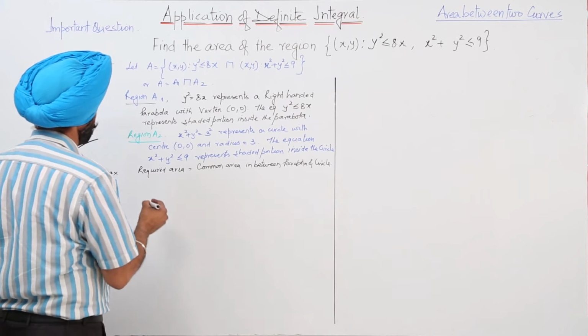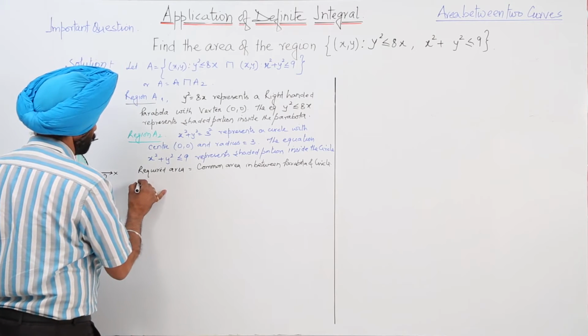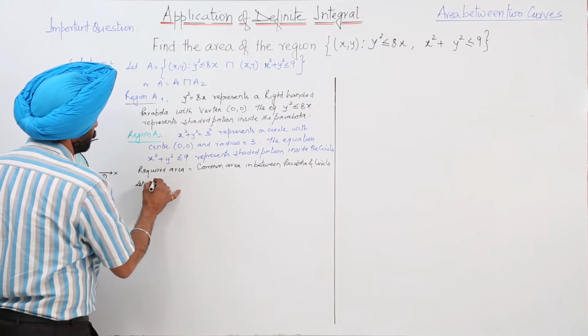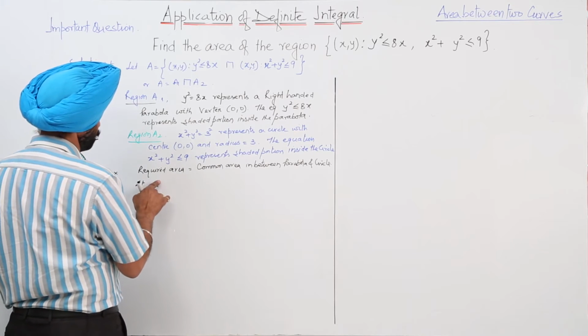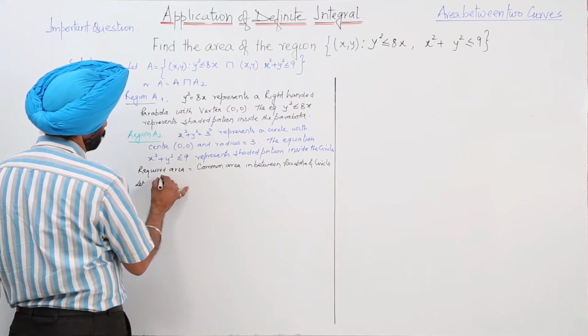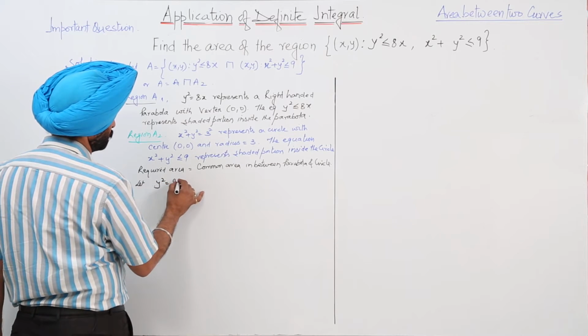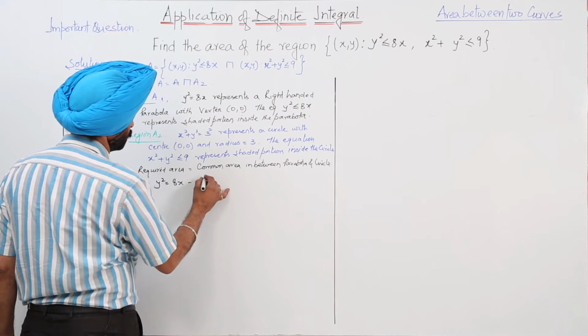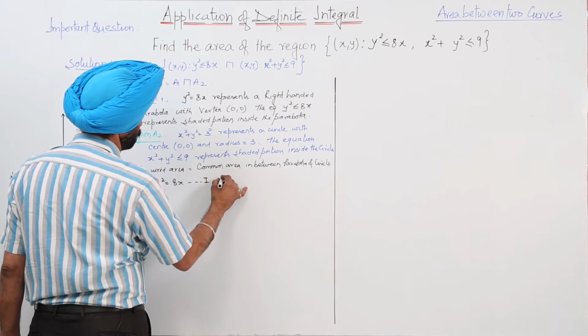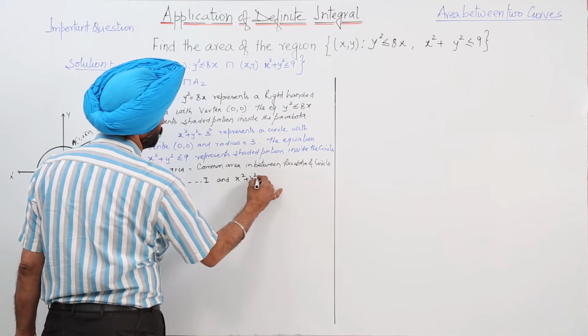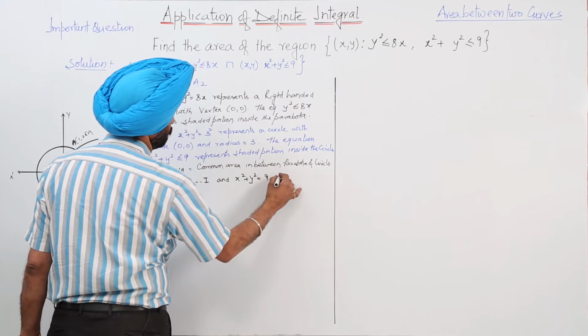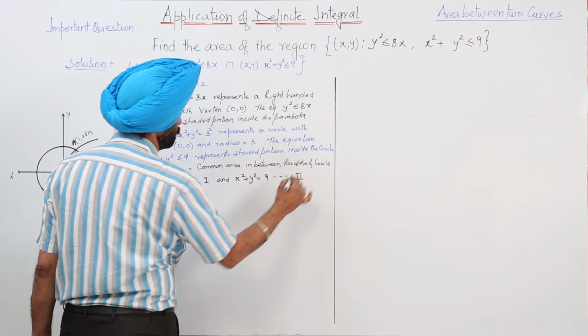Now let y square is equal to 8x be equation 1 and x square plus y square is equal to 9 be equation 2.